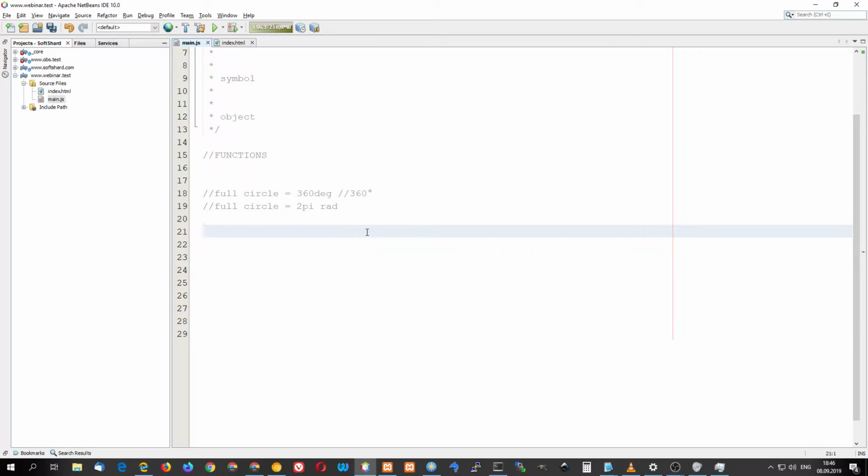So we can continuously type: if we need to convert degrees to radians, we can always write radians equals whatever the value of degrees is, times pi, divided by 180.